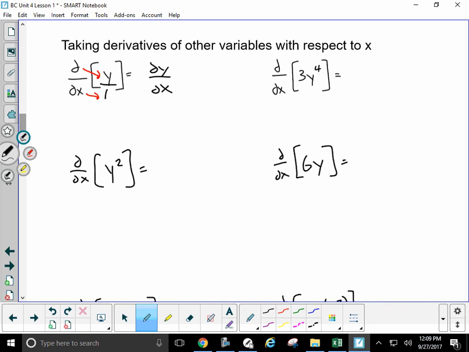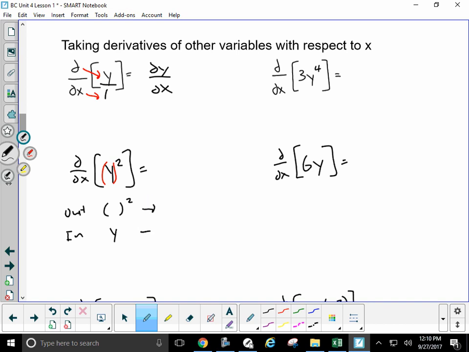Right? Kind of just multiplication. Well, for these other ones, I'm going to treat them like chains, like compositions. I'm going to put that y in parentheses. I'm going to say this is an outside, which is some stuff being squared, and an inside, which is the y.